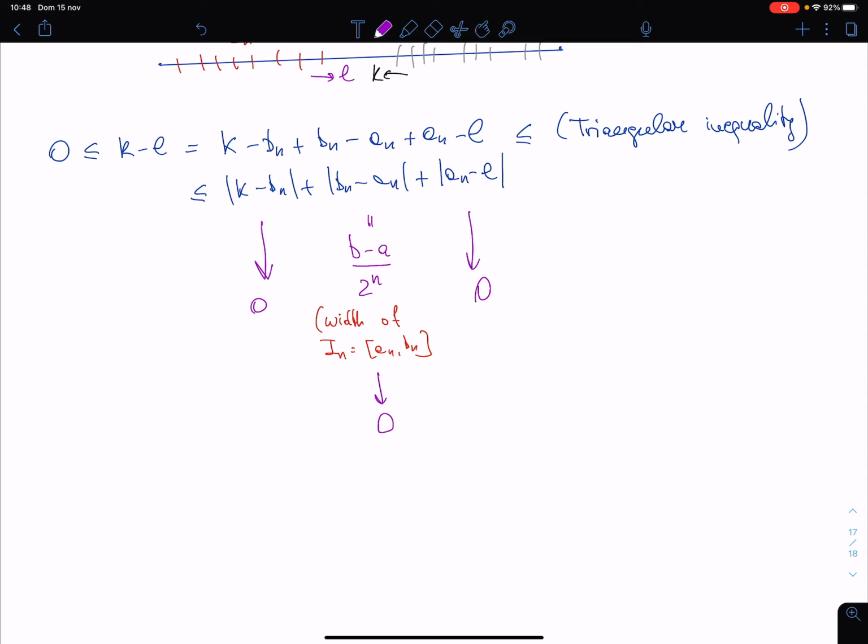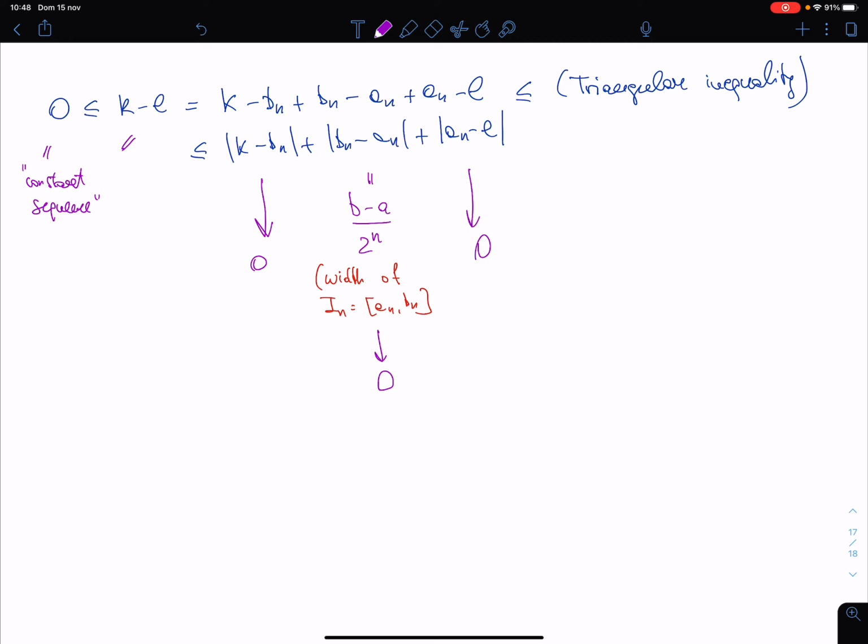You can interpret 0 as a constant sequence, and also k minus L. So by double comparison, the constant sequence k minus L tends to k minus L, and is between 0 and 0, and so k minus L is equal to 0. So k is equal to L, so the limits of the two sequences a_n and b_n are the same.